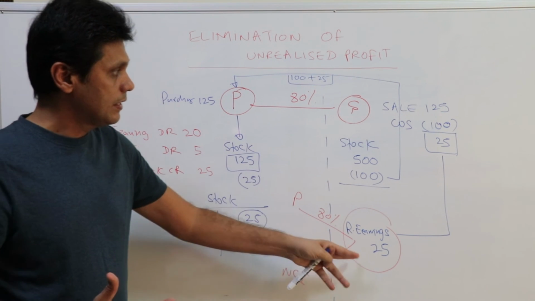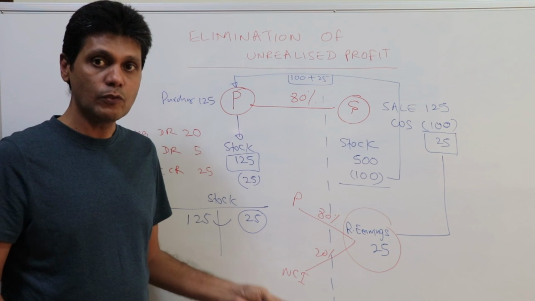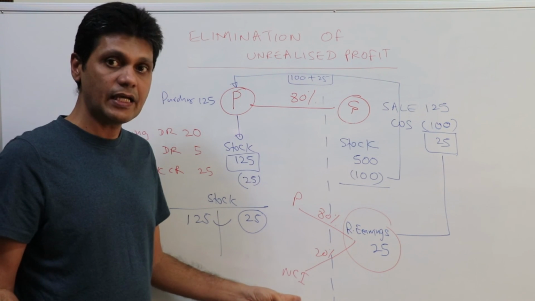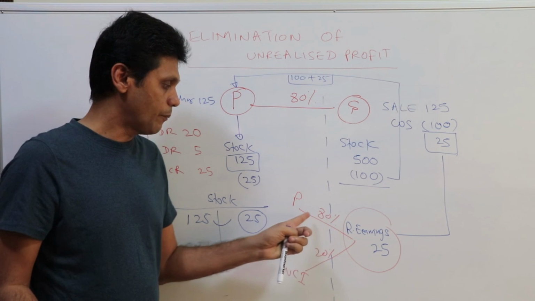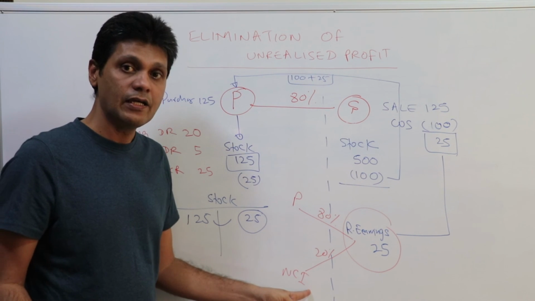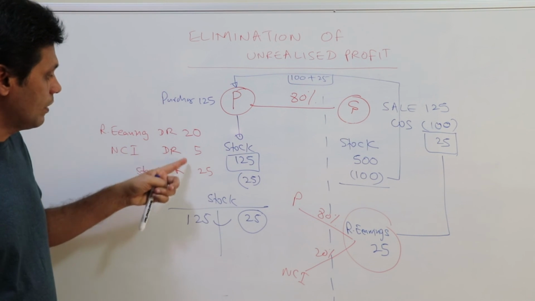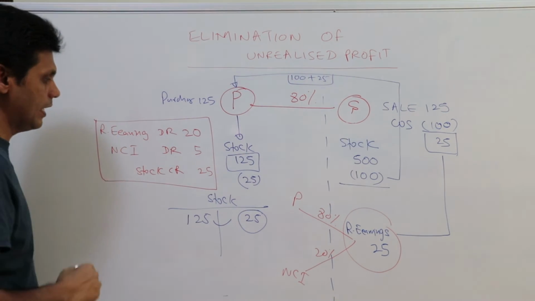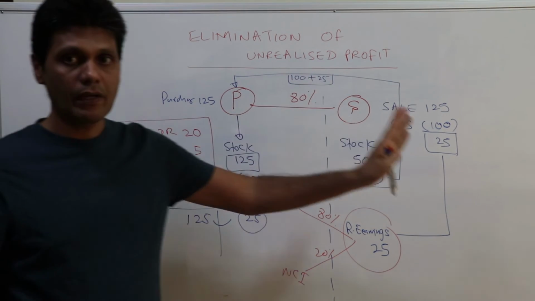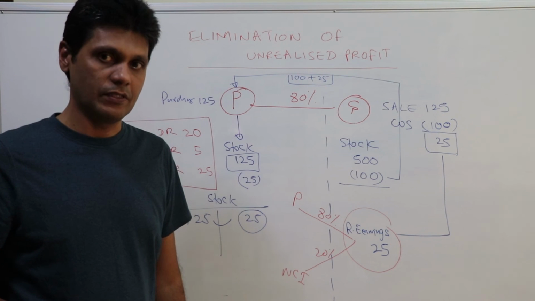However, here the subsidiary company's profit is owned by two parties, the parent and NCI. So we need to allocate this 25 to the parent 80% and NCI 20%. So this will be the journal entry that you need to pass when you prepare the group financial statement.